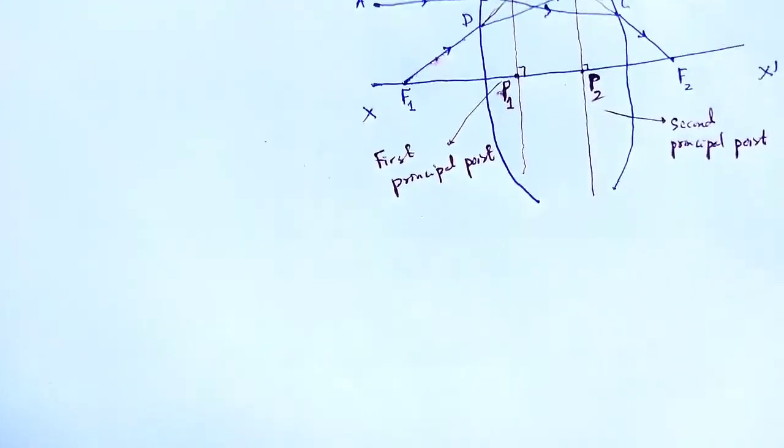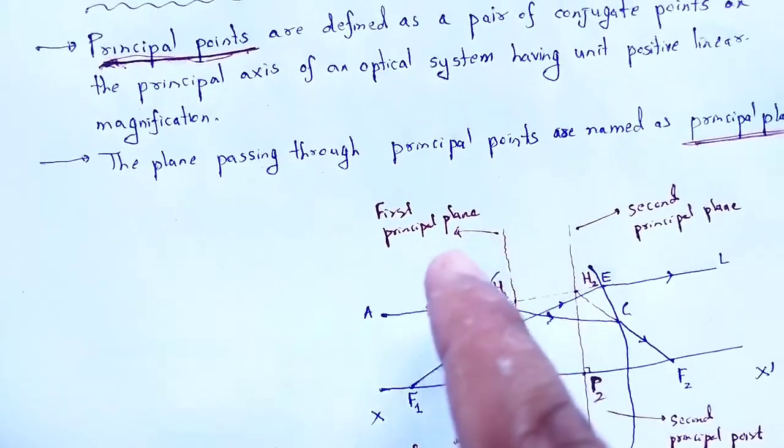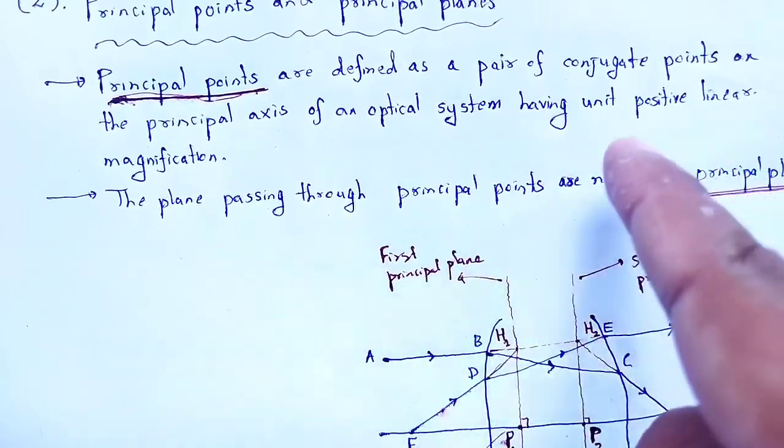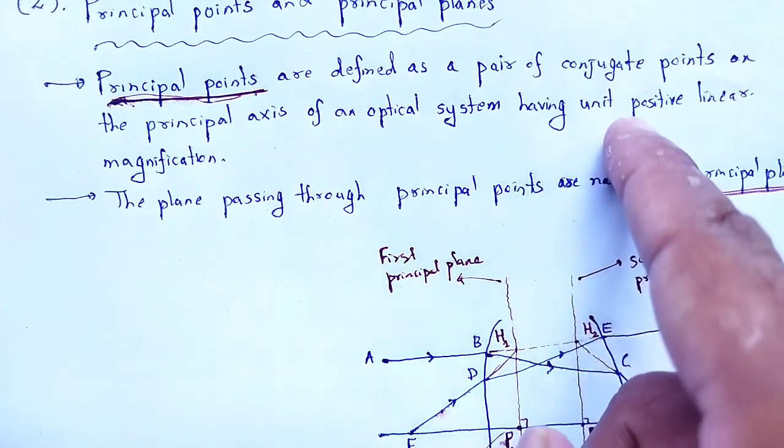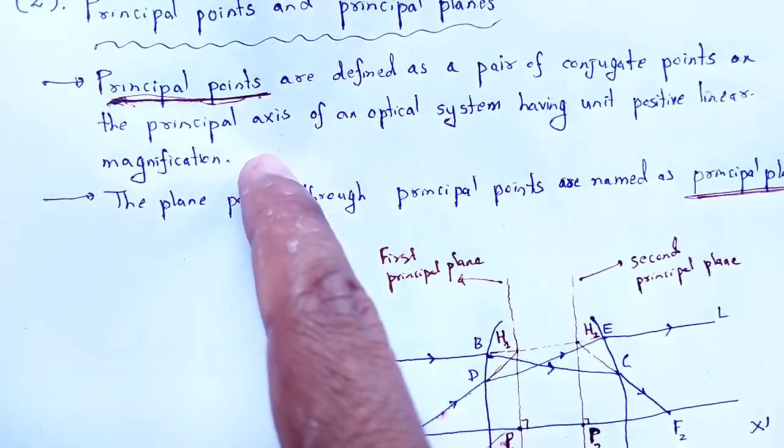Now, the third cardinal points: nodal points and nodal planes. Look here again. According to the definition, the principal points have unit positive linear magnification.